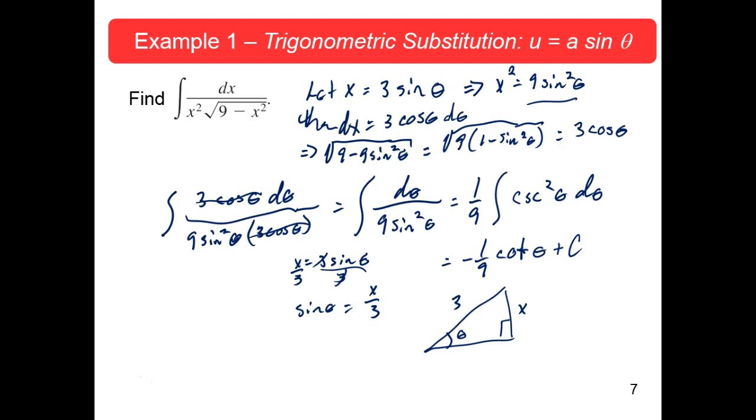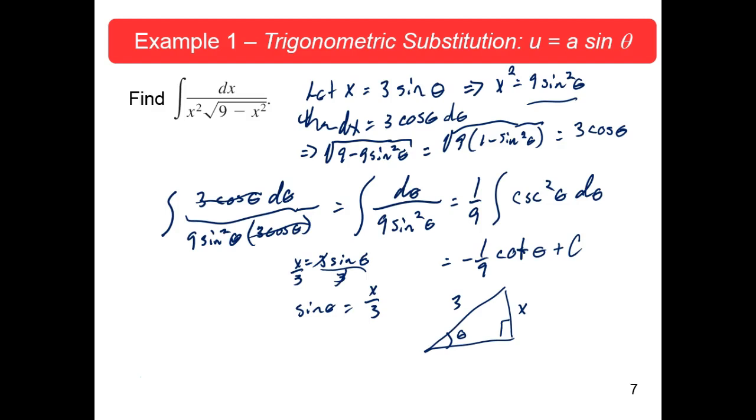Now, what we want is cotangent theta. Anyone remember what cotangent theta is? Okay, how about tangent theta? In terms of SOH CAH TOA. Opposite over adjacent.